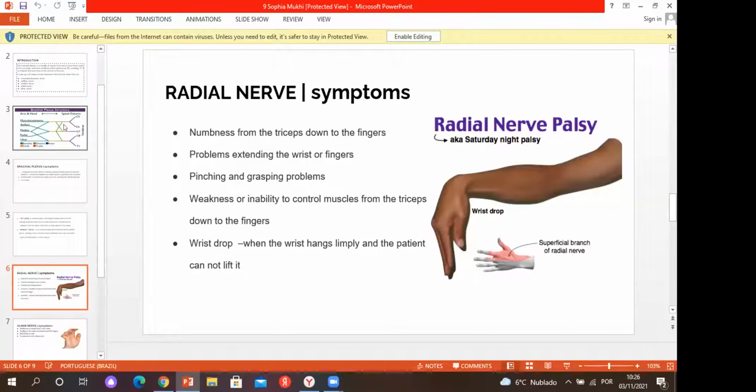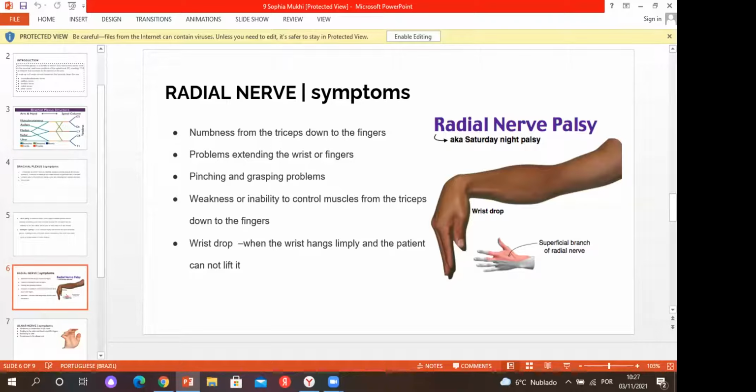Okay, radial nerve symptoms. Here you see the diagram of the wrist drop. A patient cannot extend the wrist. The symptoms are numbness from the triceps down to the finger, because the radial nerve innervates from the shoulder to the hand.